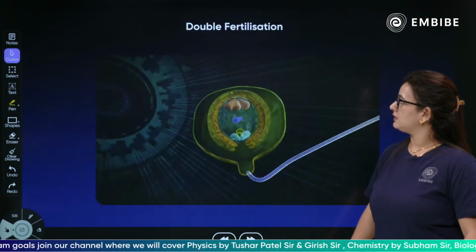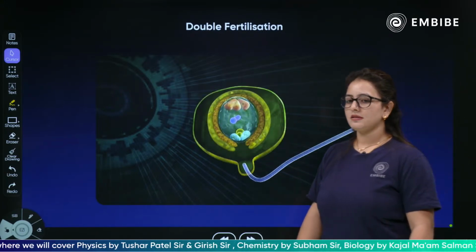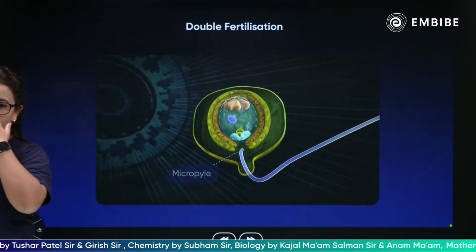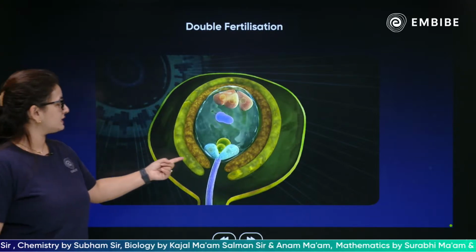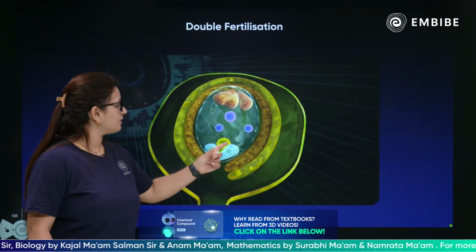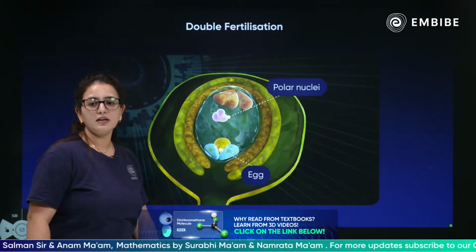Children, again a quick view of how double fertilization takes place. You can see a male gamete going and fusing with the egg cell, the other with the polar nuclei.